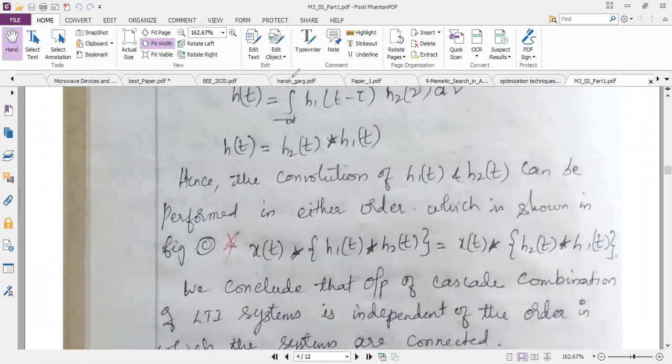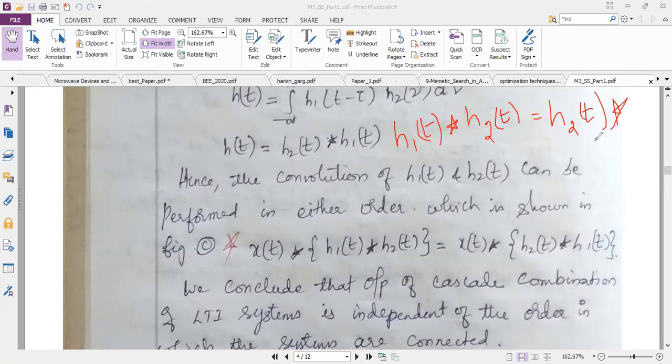So let me write here separately. h1 of t convolution with h2 of t is equal to h2 of t convolution with h1 of t. Can anybody tell me what this property is called? We have totally three properties: distributive property, associative property, and one more property.